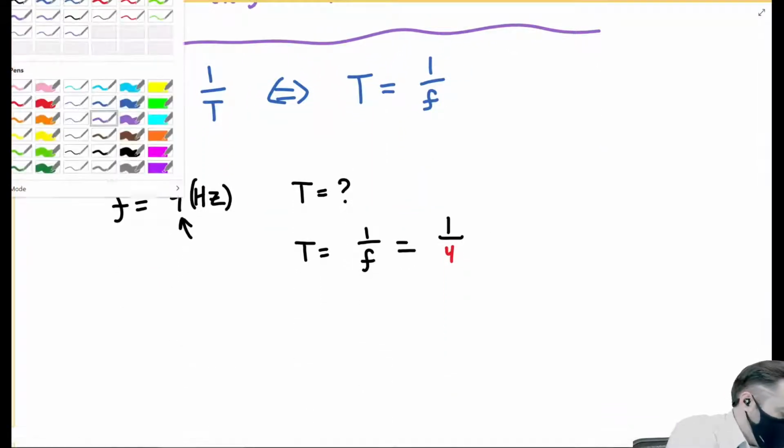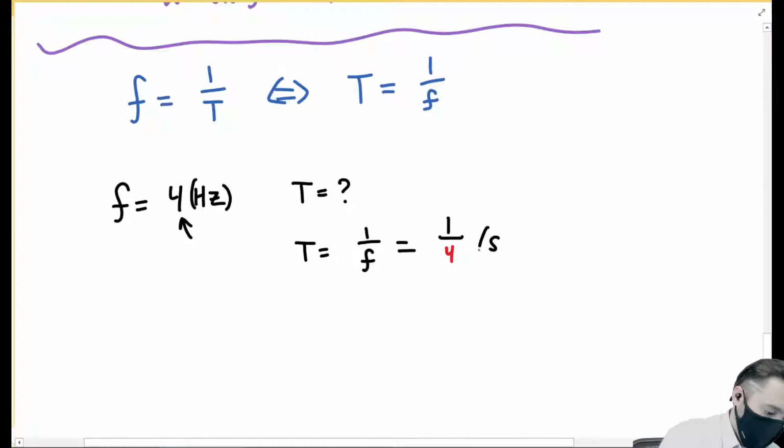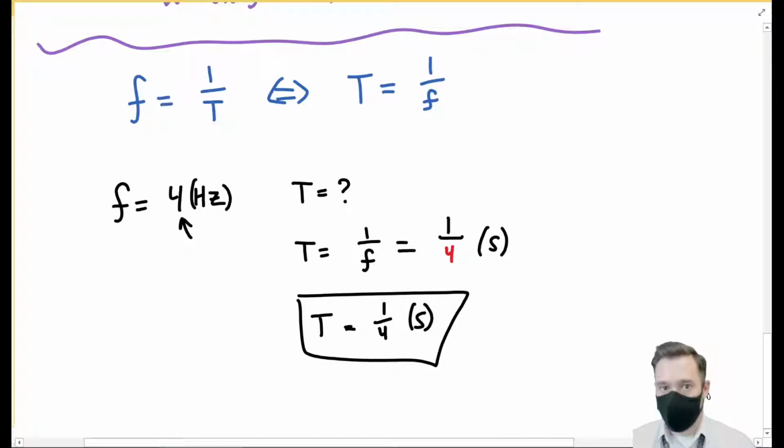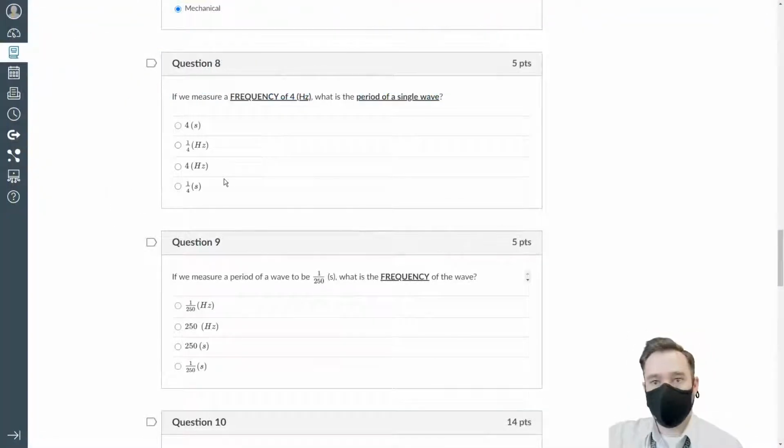So we've got seconds there, so the period is going to be 1/4 of a second. Make sense? So if I have a frequency of 4 hertz, that's the period of a single wave.